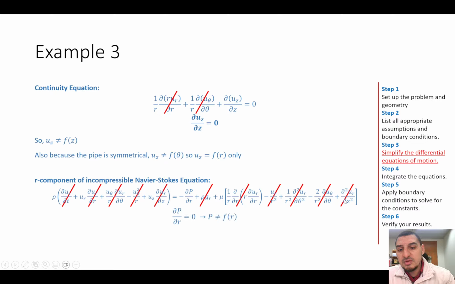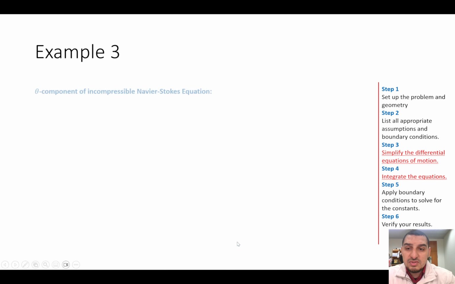So dp by dr is 0, which means that the pressure is not dependent on the radius. It's not dependent on theta because it's two-dimensional flow. It's not dependent on time because it's a steady flow. So the pressure is only dependent on z. Okay. So this is the conclusion we get from here.